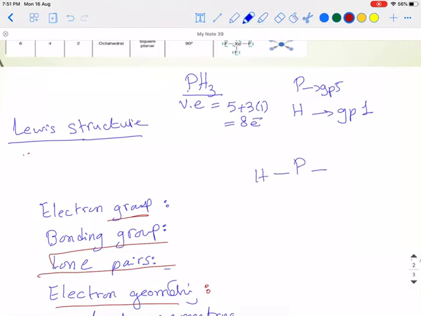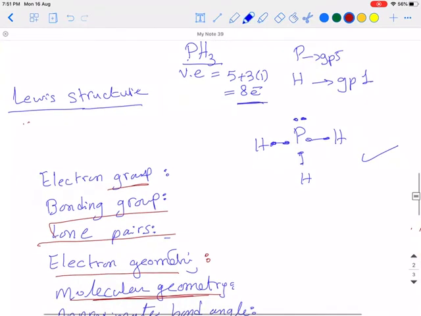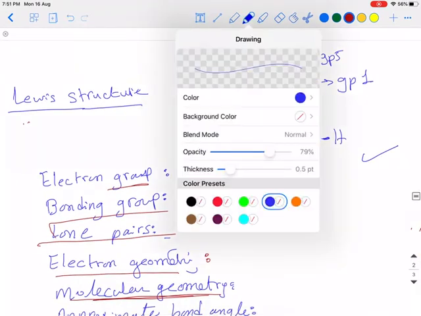According to Lewis, this is the central atom, phosphorus, with hydrogen, hydrogen, hydrogen. Hydrogen follows the duet rule, so it's filling 2, but phosphorus should fill 8. So 1, 2, 3, 4, 5, 6, so it still needs this lone pair. And if you add these electrons, they sum up to 8 electrons, which is the correct way of drawing Lewis.